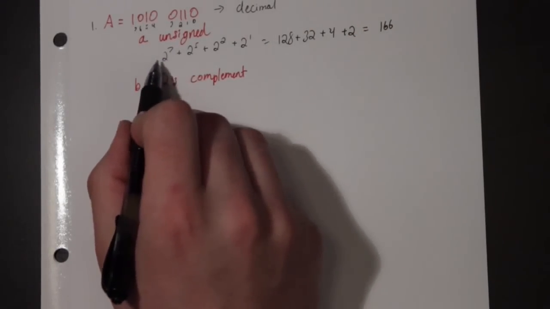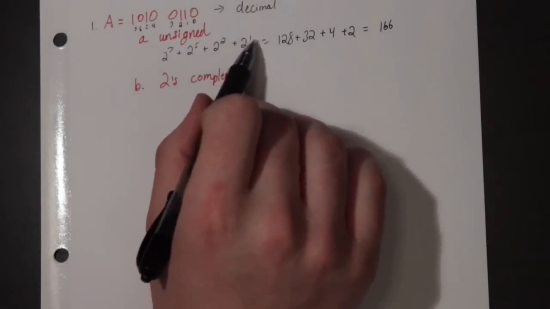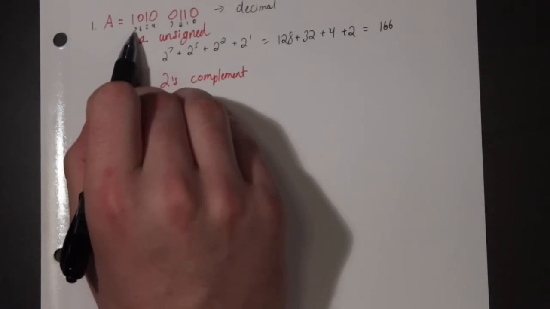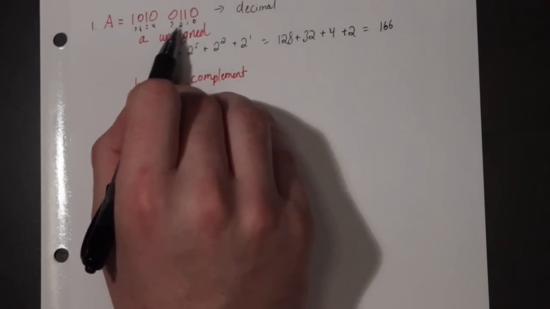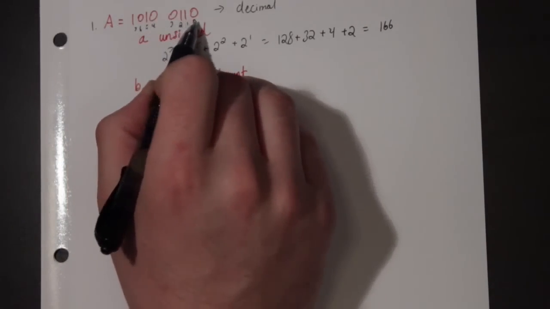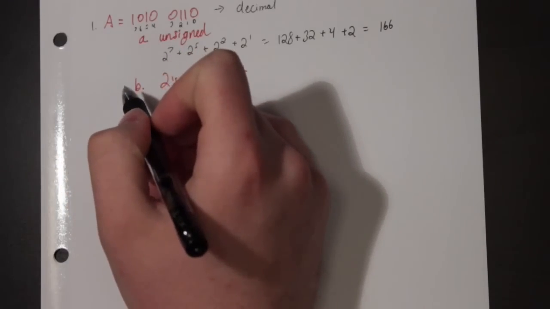If you're confused as to how I got the 7, the 5, the 2, and the 1, I'm just looking at the bits that are 1s, and they correspond to 7, 5, 2, and 1. I'm not sure if you can see that because it's tiny, but these 1s are in that many spaces from the right of the number.